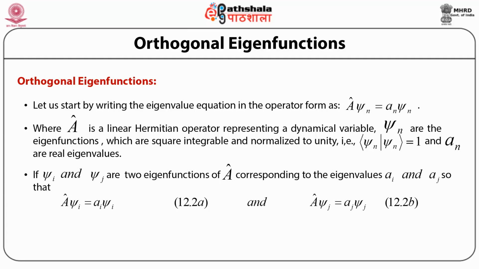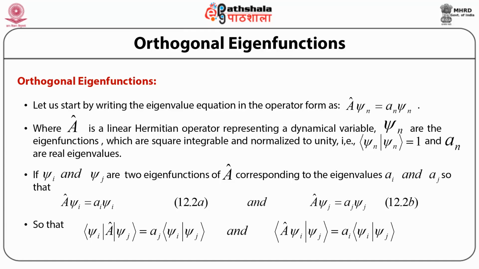If psi i and psi j are two eigenfunctions of operator A corresponding to the eigenvalues a_i and a_j, so that operator A acting on psi i is equal to a_i psi i and operator A acting on psi j is equal to a_j psi j, then the inner product of psi i and operator A acting on ket psi j is equal to a_j times the inner product of psi i and psi j, and the inner product of operator A acting on psi i with ket psi j is equal to a_i times the inner product of psi i and psi j.